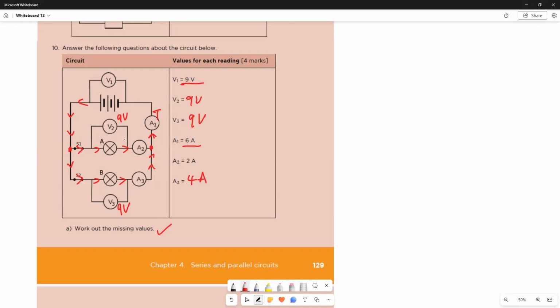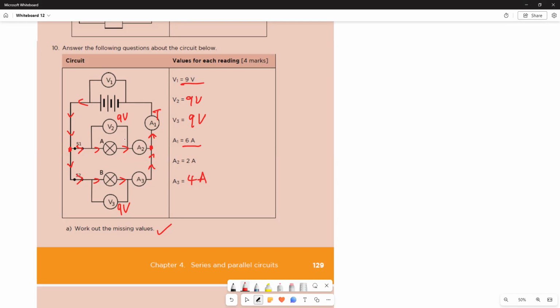So the current can never flow into the wires of a voltmeter because a voltmeter is made up of infinitesimally large resistance. So it's going to prevent any flow of current, right? Because if the current flew into the voltmeter, it was going to damage it. So they made sure that the wires of a voltmeter are made up of extremely high resistance. So no current flows there.